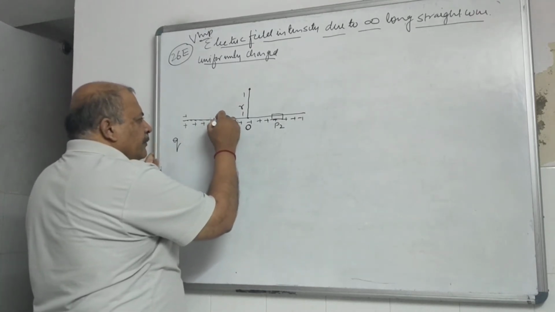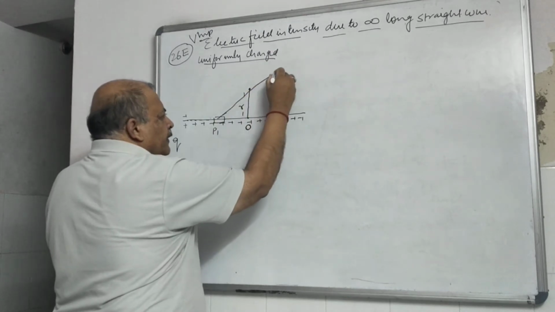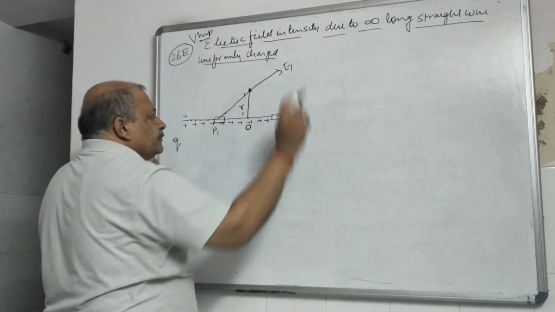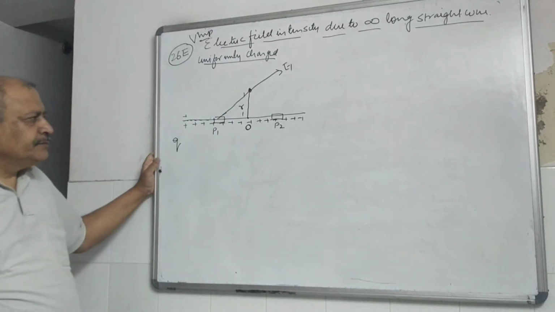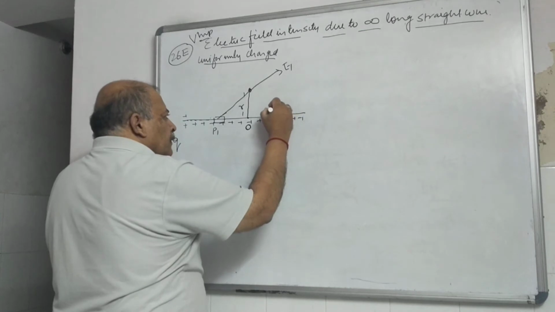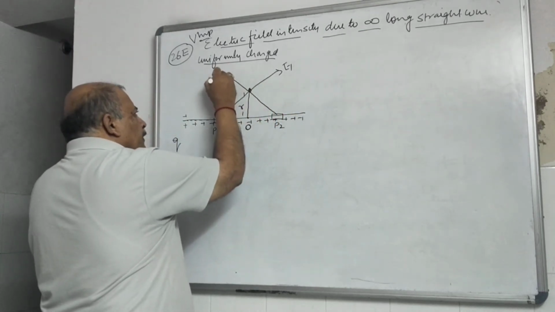Now due to this element, the electric field intensity will be outward this way. Due to this element, electric field intensity will be outward this way.